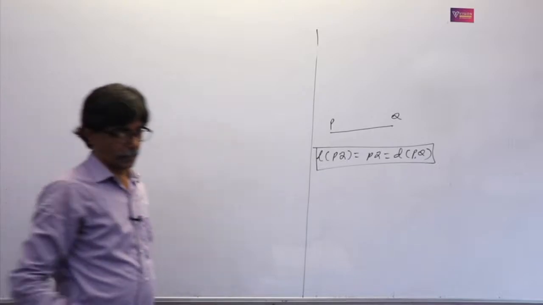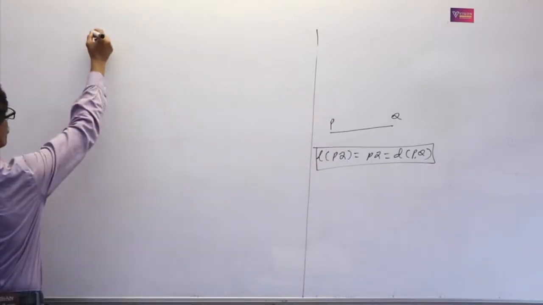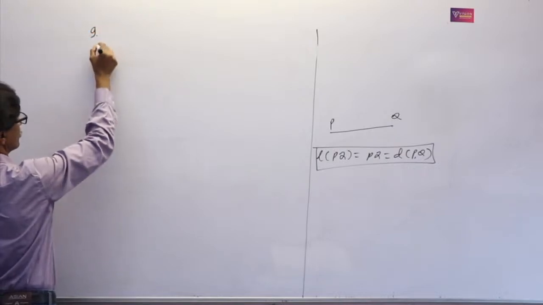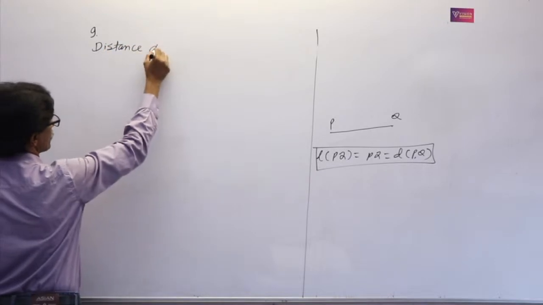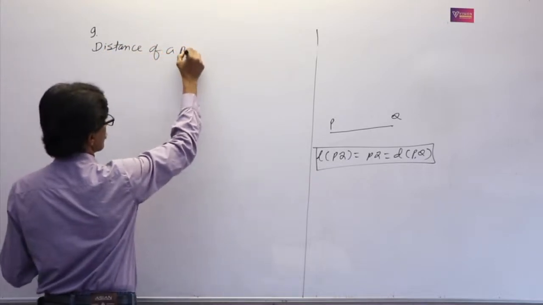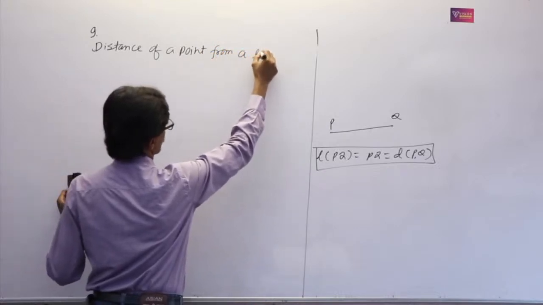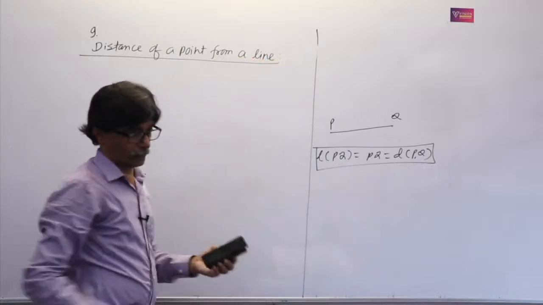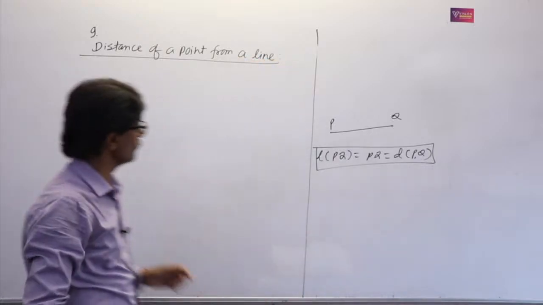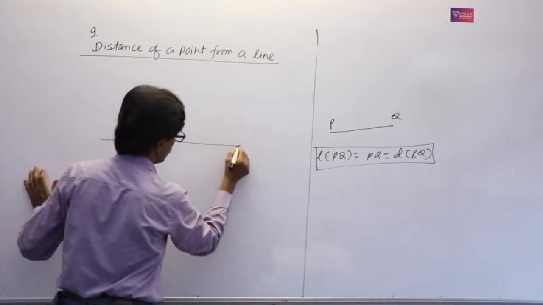Now we have to see the distance of a point from a line. Now look, I take one line, I draw one line here.